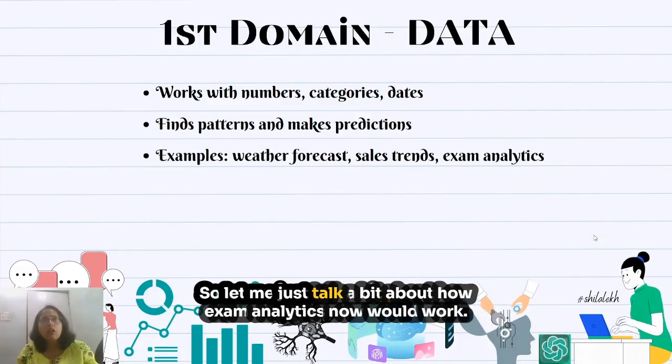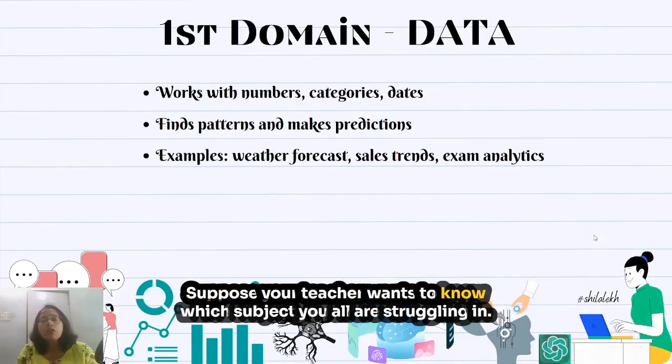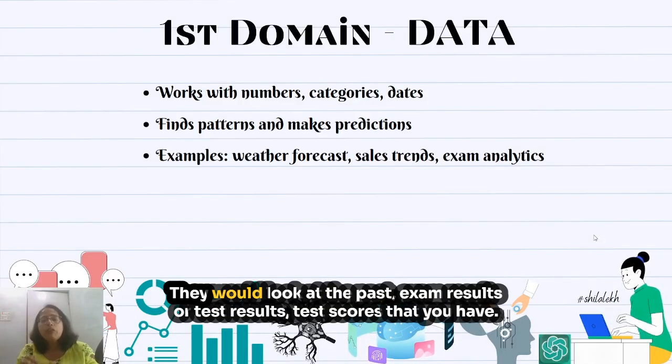So let me just talk a bit about how exam analytics would work, so that you can understand how an AI model is identifying the pattern based on the data that it has. So suppose your teacher wants to know which subject you all are struggling in. So what would they do? They would look at the past exam results or test scores that you have.